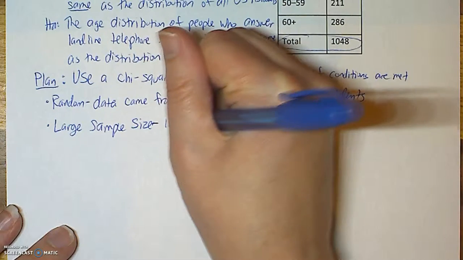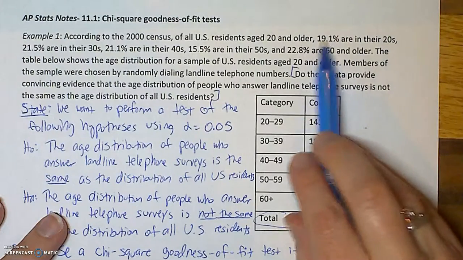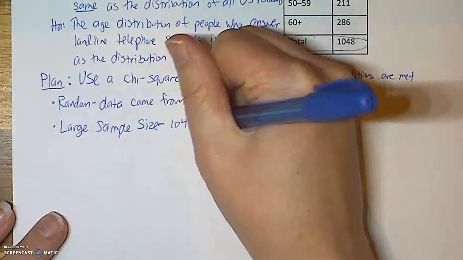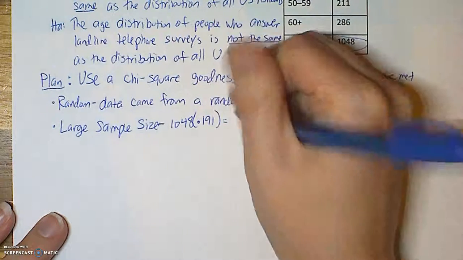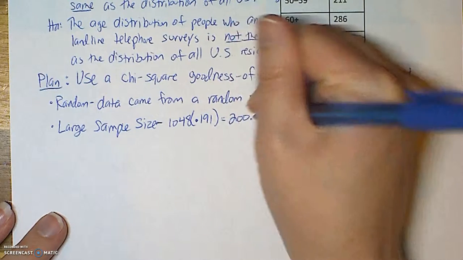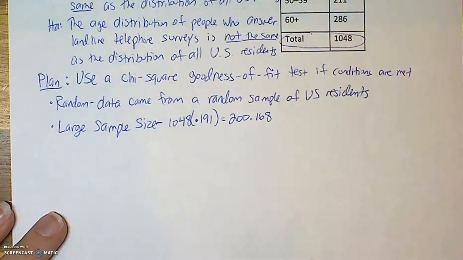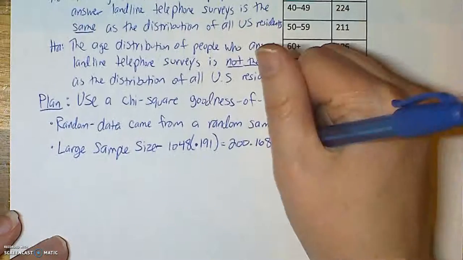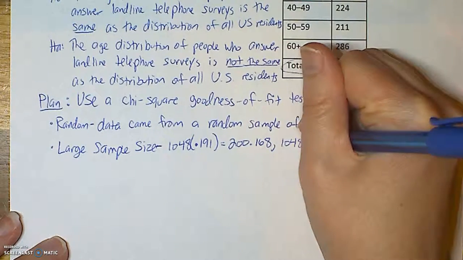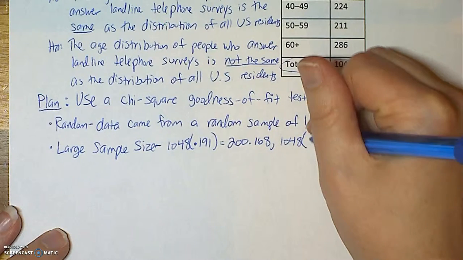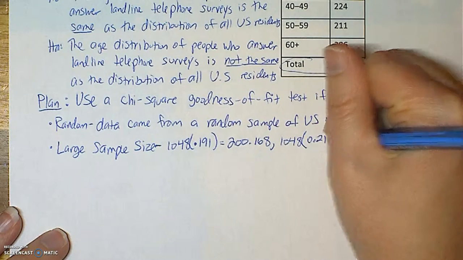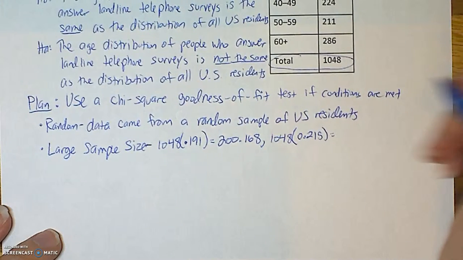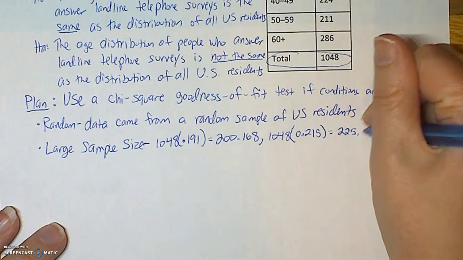So 1048 times, and then if I go back up here, 19.1 for the 20s, so times 0.191, that gives us, let's go to 3 decimal places, 200.168, okay? So that takes care of the 20s. 1048 times 0.215. That gives us 225.32.